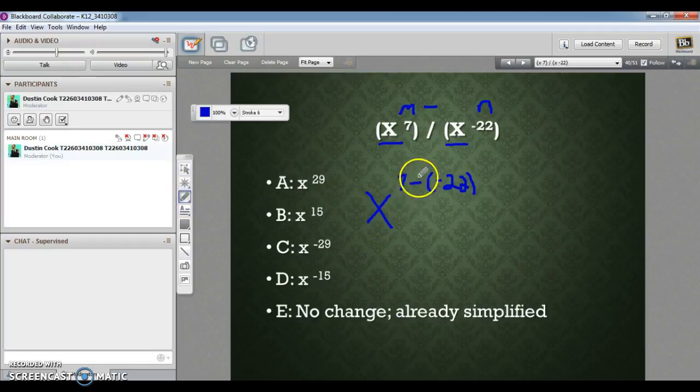A negative or minus a negative is the same thing as plus a positive. So it should be x to the 7 plus 22 is 29. A was the correct answer there. A, right? Because minus a negative is plus a positive.